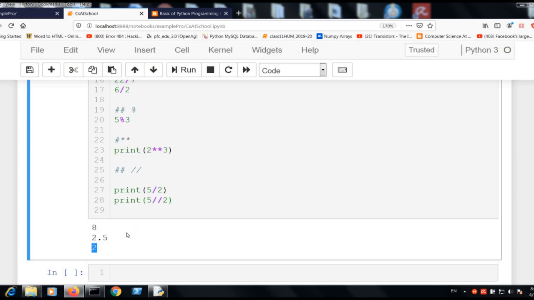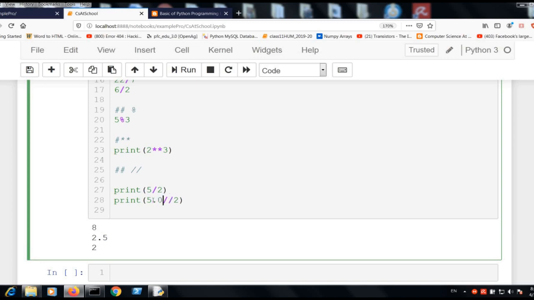So what it tells us is that it will only display the whole number part. The fractional part, that is 0.5 or whatever is there after the point, will not be displayed. Now there is a caveat in it. It's not like every time it will return an integer answer.